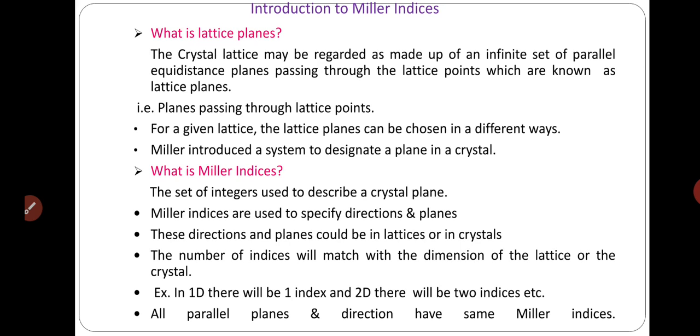The set of these integers used to describe a crystal plane is called the Miller indices of a plane. These integers in crystallography are shown by H, K, and L.